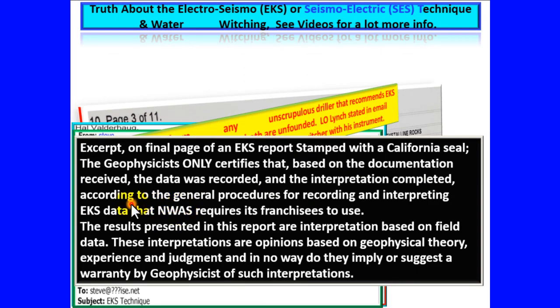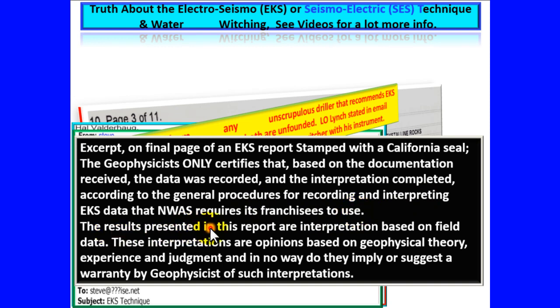What this sentence is saying is that the interpretation was made by the franchisees, not by the geologists nor the geophysicists who stamped the report.